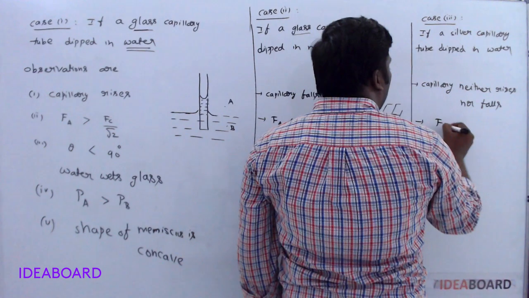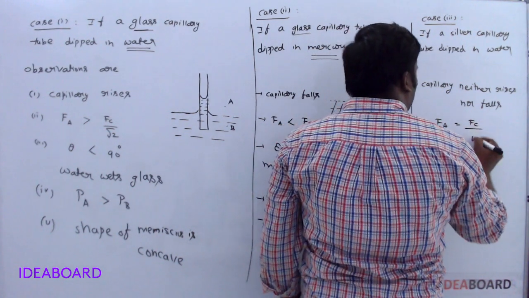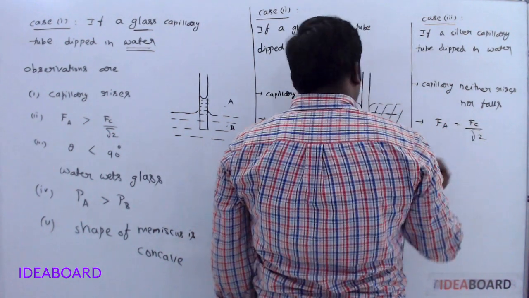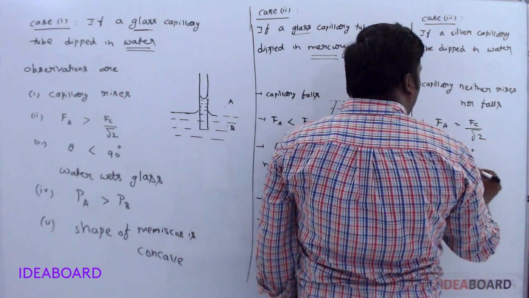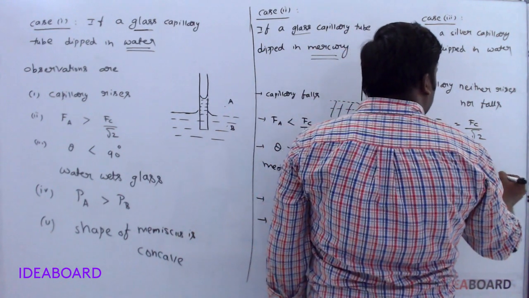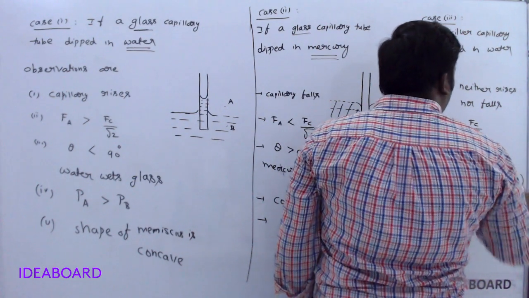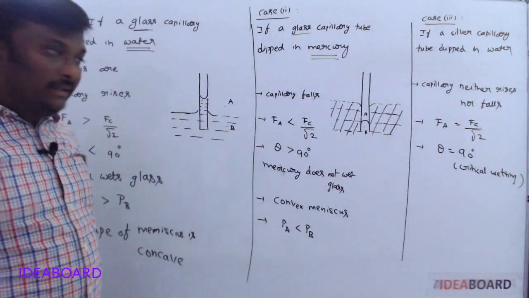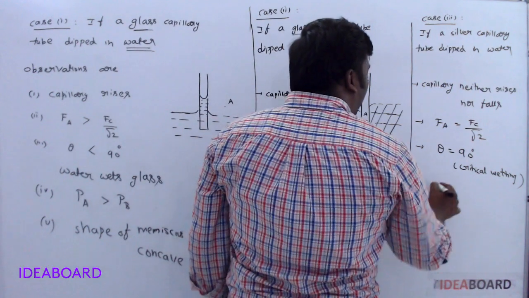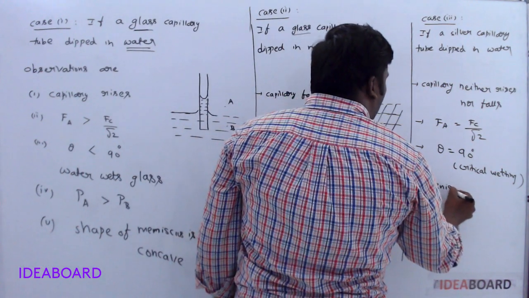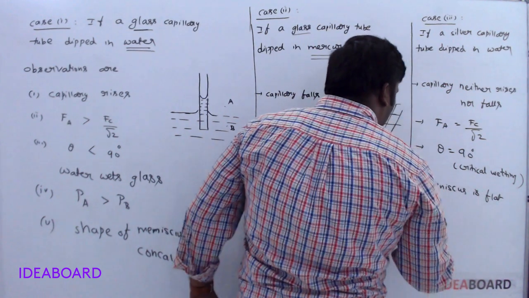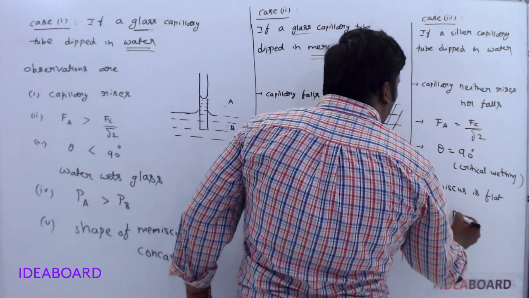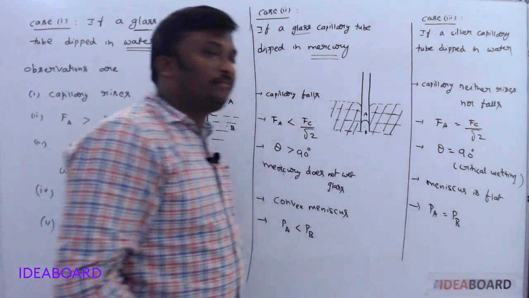Second one, FA is equal to FC by root 2. Theta is 90 degree. This is called critical wetting. And the meniscus shape is flat and PA is equal to PB.